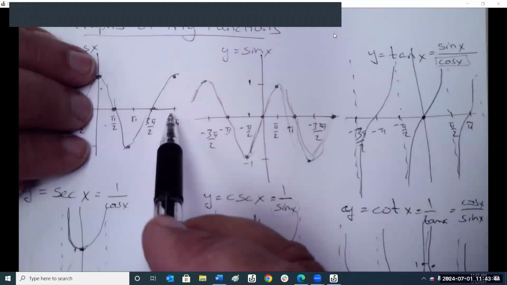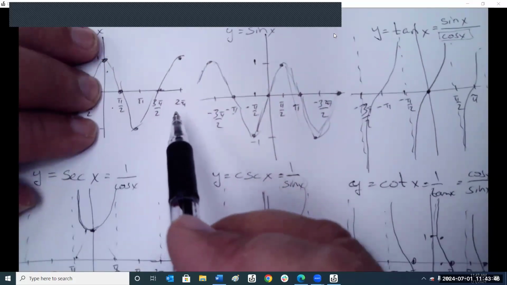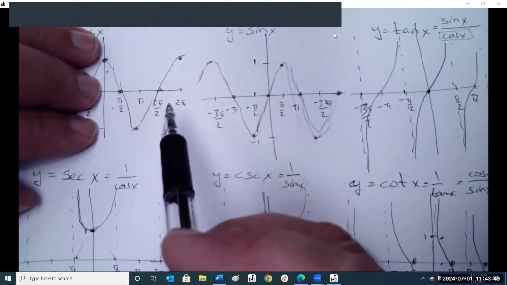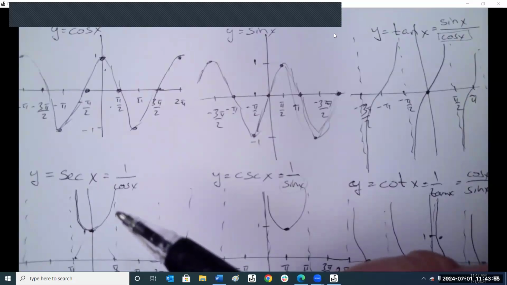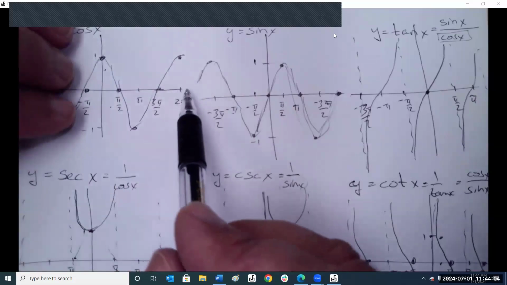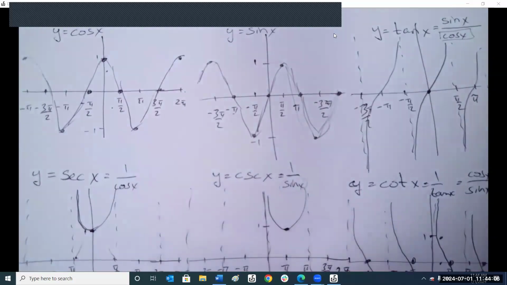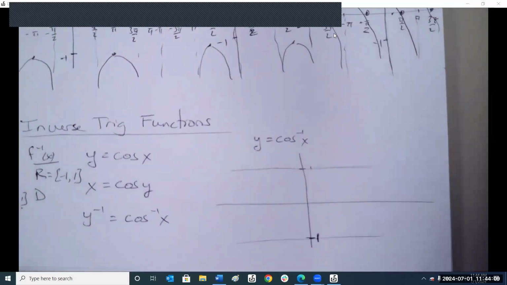There's the cosine function. Let's look at the first period. What happens here? No, look at the first period for the cosine function. What's the inverse going to look like? In other words, let's look at what's happening here for inverse functions.